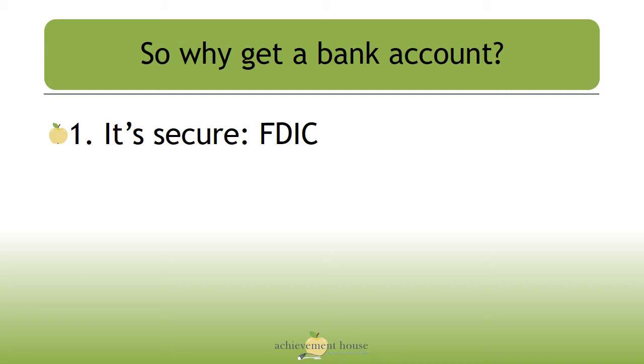So theoretically, if you wanted to have accounts in 10 different banks, and if all of those 10 different banks were robbed, you would be able to get your money back up to $250,000 in each one. So it's secure and it's guaranteed by our government.